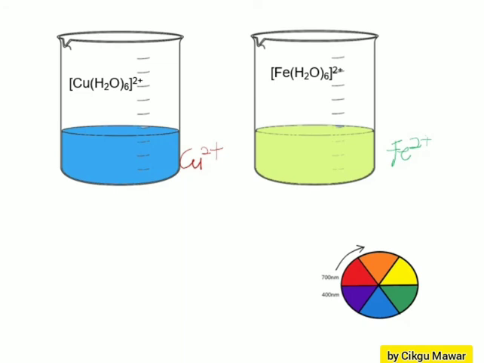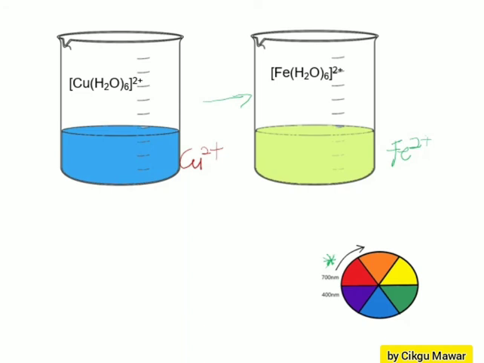Changing from iron 2 plus to copper 2 plus changes the wavelength of light that is absorbed. Iron will absorb red light, which is a longer wavelength. It is the nature of iron to absorb longer wavelengths.